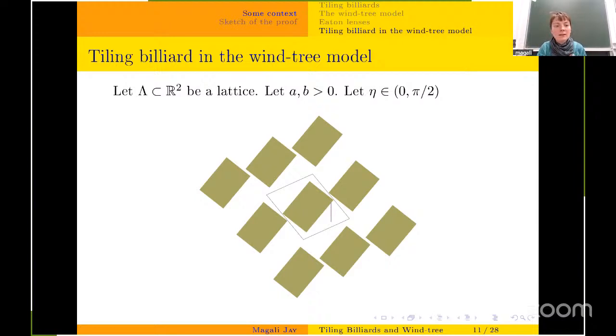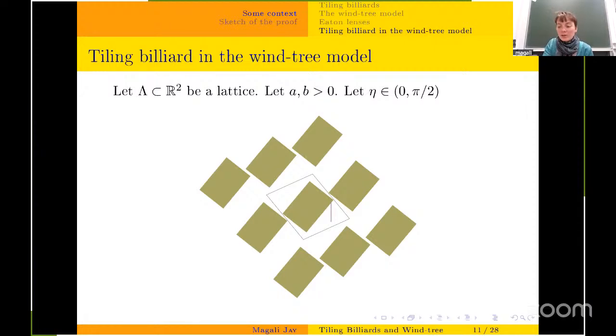So lambda is the lattice and A and B are the size of my obstacles. And this angle eta is the angle here between the obstacle and the horizontal. Okay, so they are the parameters of my system. And I start with a vertical initial trajectory.